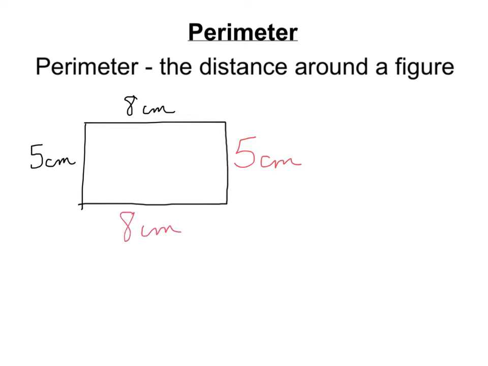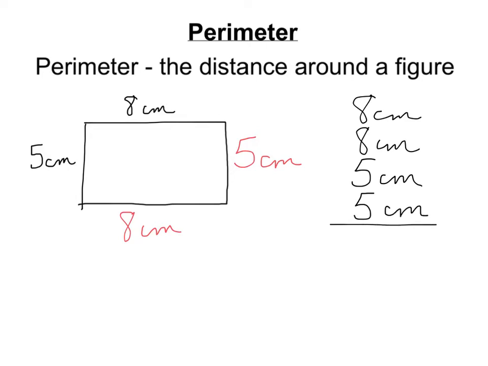So to find the perimeter, I need to make sure that I use all 4 of those. So 8 centimeters plus 8 centimeters plus 5 centimeters plus 5 centimeters. Remember, in addition, that the order doesn't matter so long as we do it all. So I would probably start with 5 plus 5 gives me 10.